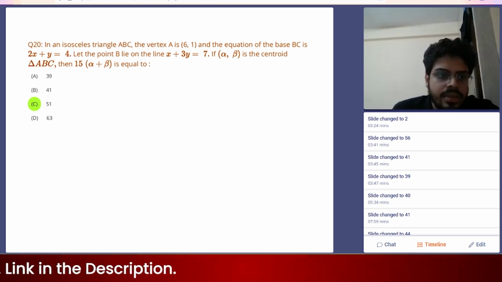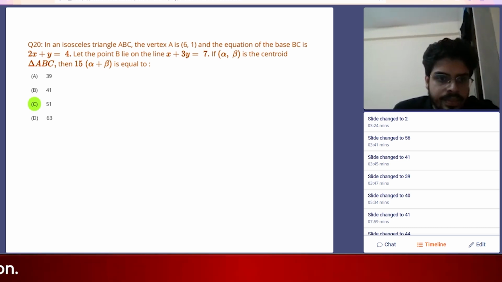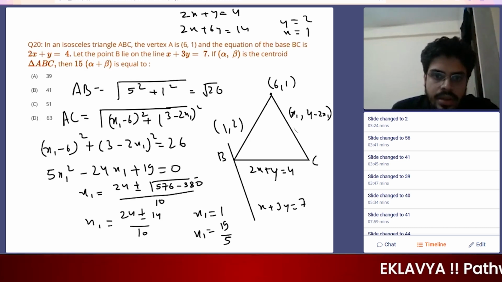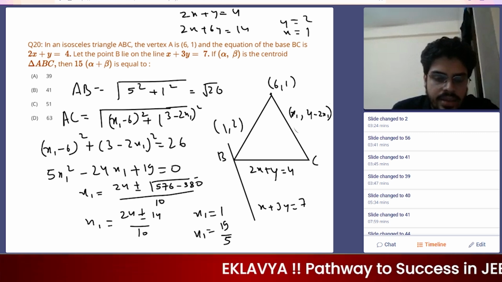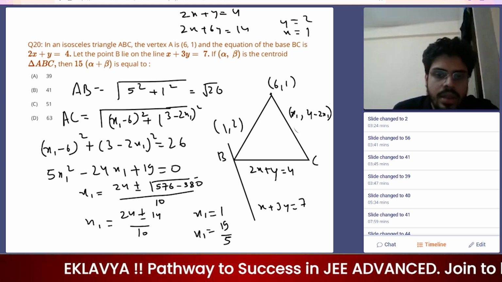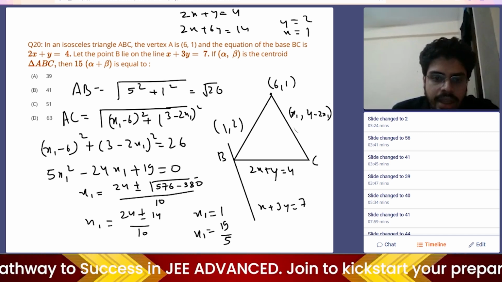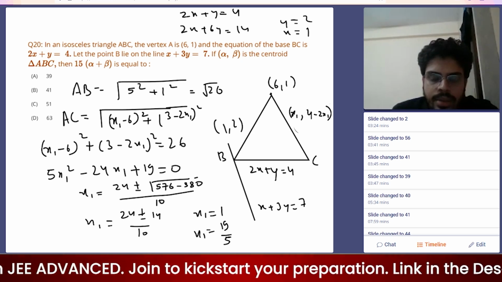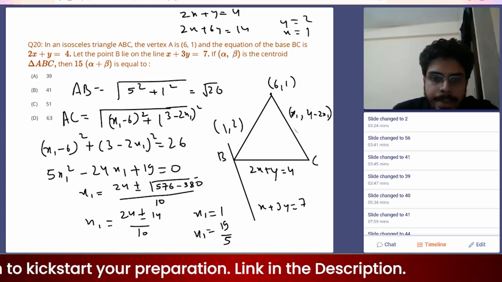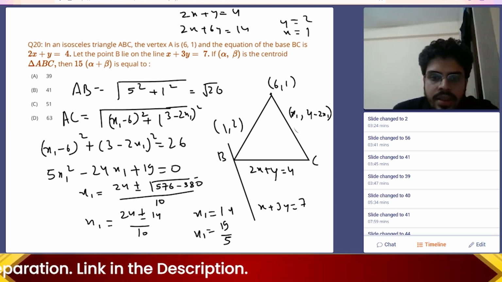So summation x1 by 3. So x1 will be 6, 1, and okay, either 1. Okay, let us find the C point first. If x1 is equal to 1, then y1 will be equal to 3 by 2.